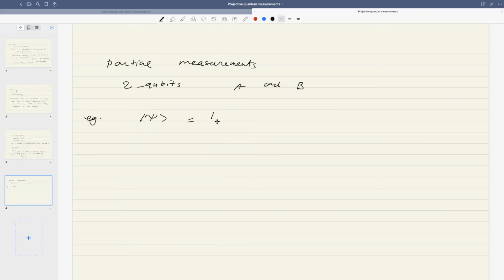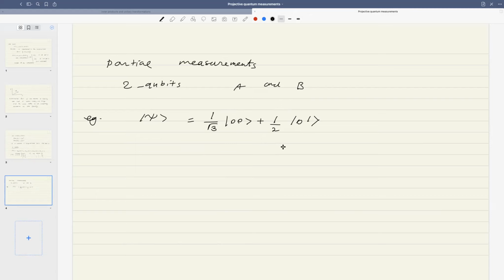So suppose I have 1 over square root 3 times |0,0> plus 1 half, let's say, |0,1>. And let's say I have 1 more basis state.